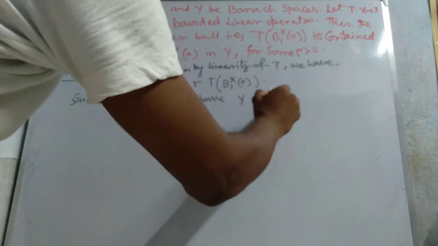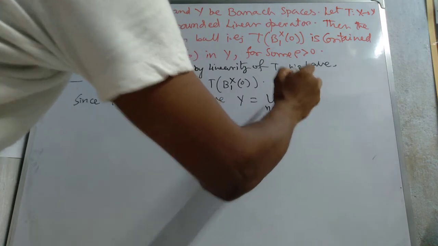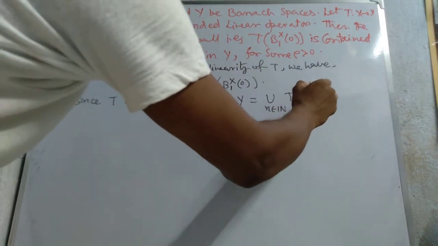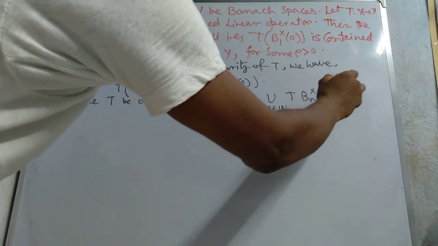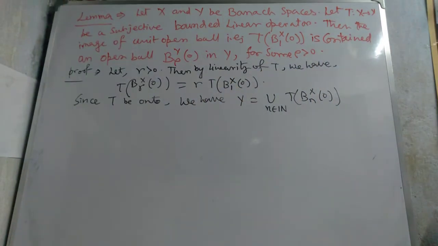Next, since T is onto, we have Y equal to the union over n belongs to N of T(B_n(x0)).